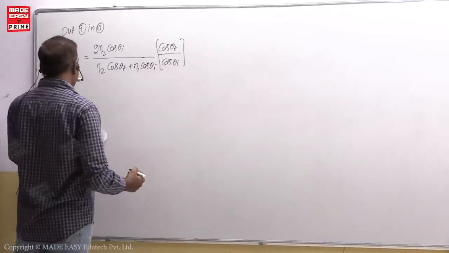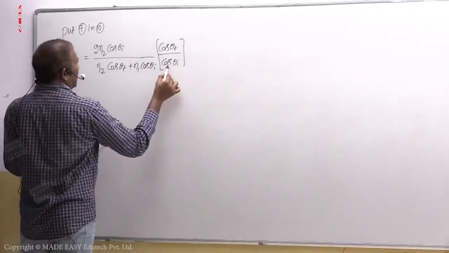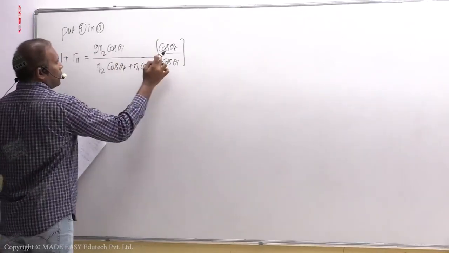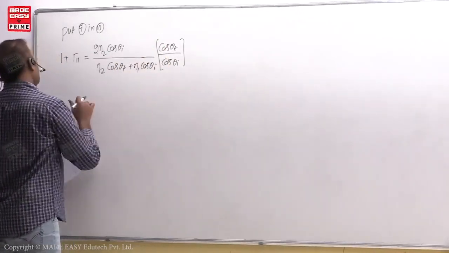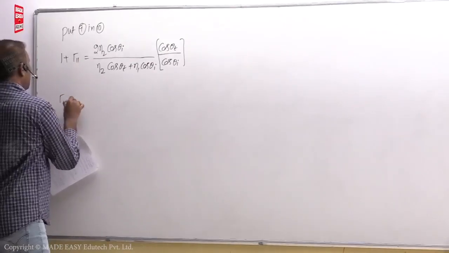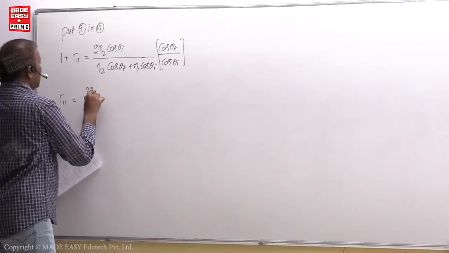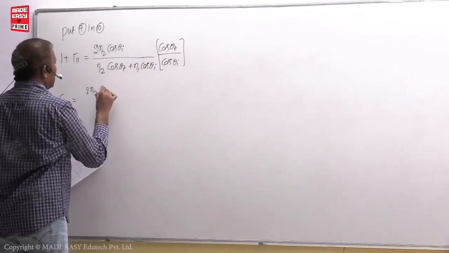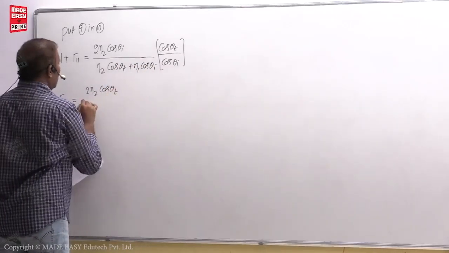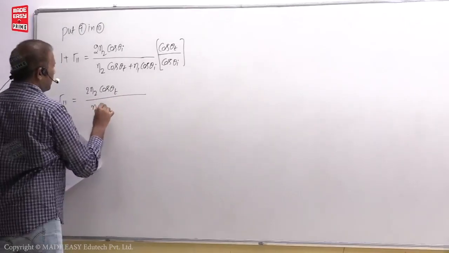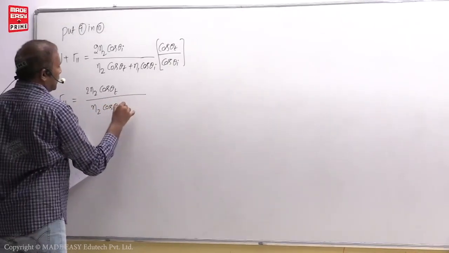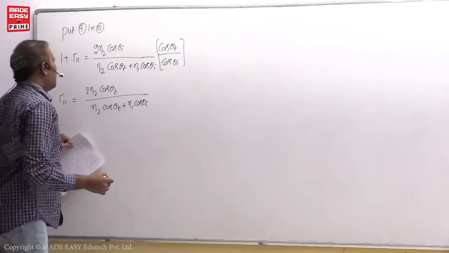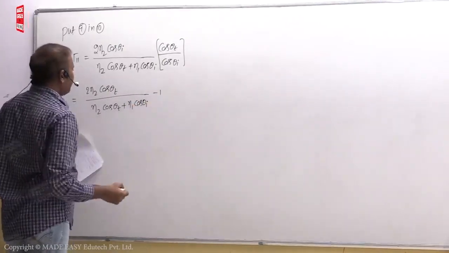Now this cos theta I cancels, and 2 eta 2 cos theta t comes actually, and gamma parallel is nothing but 2 eta 2 cos theta t divided by eta 2 cos theta t plus eta 1 cos theta I, minus 1 is there.